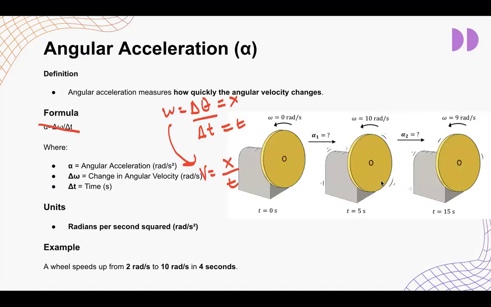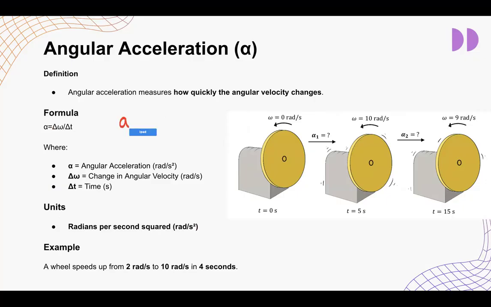Same thing with acceleration. Alpha is just equal to the change of omega over the change in time. But that's just, remember, omega is just equal to v, t is equal to t, and alpha is equal to a. But this is all just talking about when you're going in a circle, right?